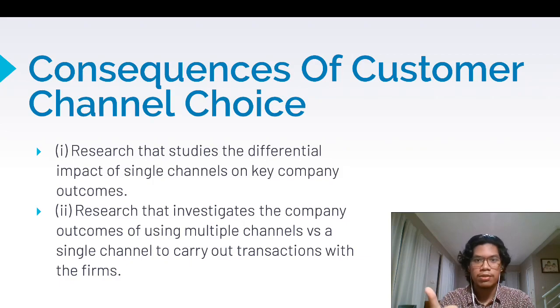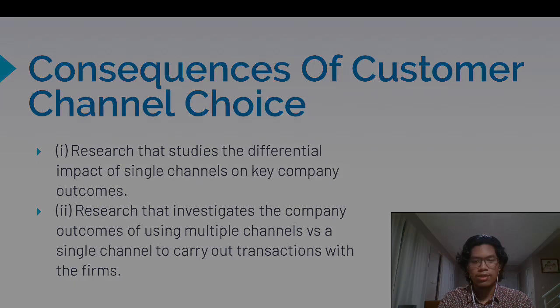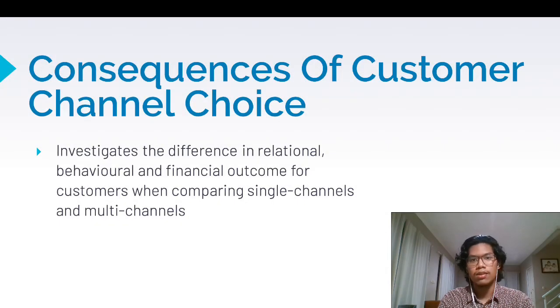So the first research question focuses on the differential impact of single channels on key company outcomes, while the second one focuses on the company outcomes of using multiple channels versus a single channel to carry out transactions with the firms. So with both of these, it's to investigate the difference in relational, behavioral, and financial outcome for customers when comparing single channels to multi-channels.